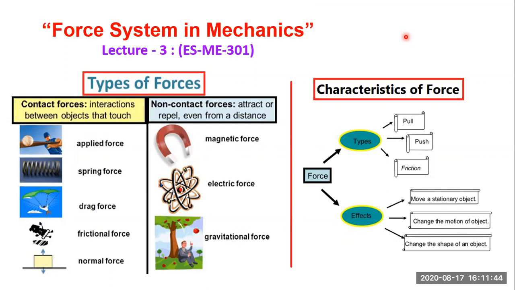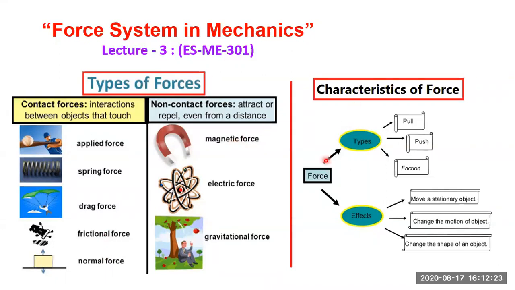Examples of contact forces are as follows: applied force, spring force, drag force, frictional force, normal force, etc. Non-contact forces are those which generally attract or repel from a distance. So these forces are also called forces at a distance, such as electric force, magnetic force due to magnetic field, gravitational force due to gravitational field.